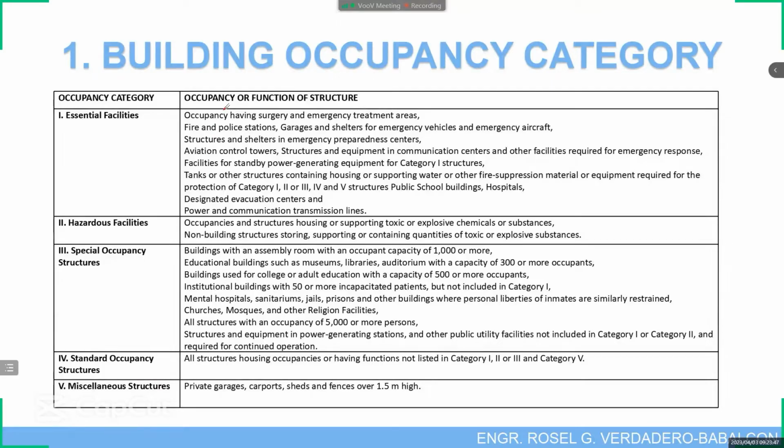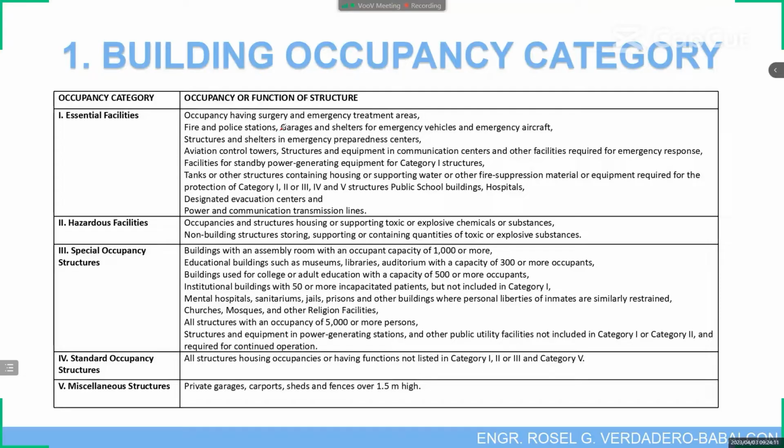And these are the corresponding occupancy or function of a structure in regards to the occupancy category. So for essential facilities, those include hospitals, power and communication and transmission lines, fire and police stations, garages, and shelters for emergency vehicles and emergency aircraft.